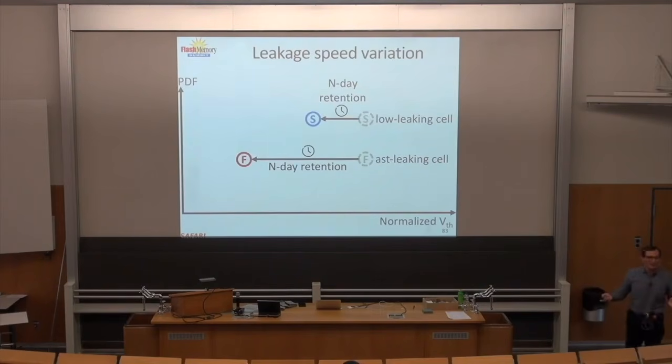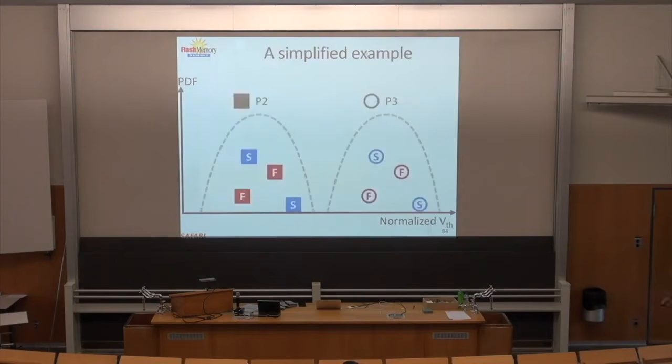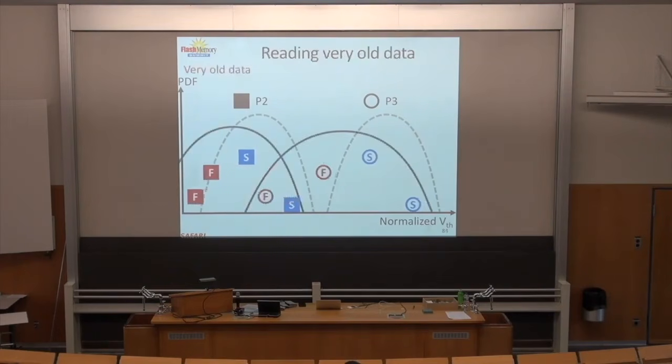And we can use this in a very similar way, as we discussed earlier. So these slides are going to be very similar to the read disturb recovery technique, right? If you look at these two distributions, P2 and P3, they consist of a heterogeneous composition of slow leaking and fast leaking cells. Now, if you look at very old data, these distributions shift, and these cells get mixed, as you can see.